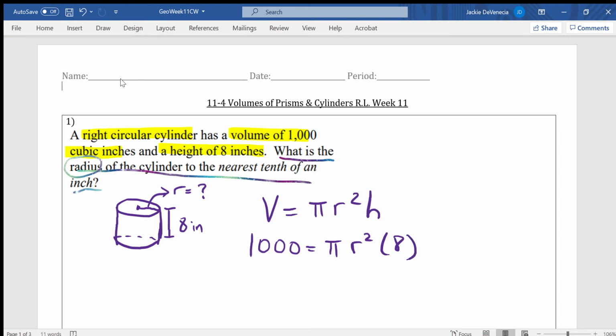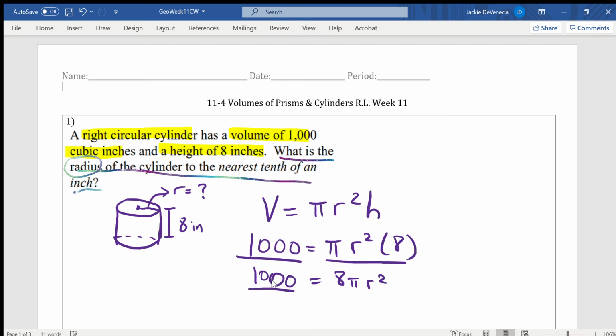Okay, so let's go ahead and solve this. I'm going to start off with simplifying. Pi and 8, those are our two numbers on the right side, so I'm just going to rearrange things. 1,000 is equal to 8 pi radius squared.